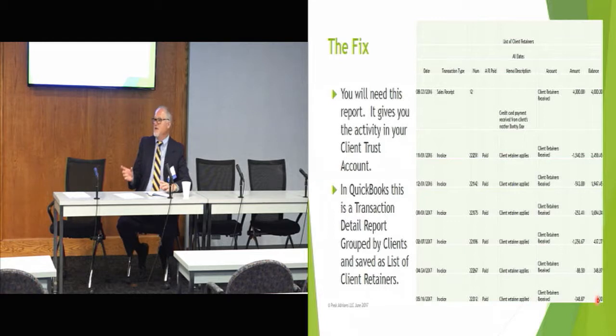And by using the items, we can make this a much simpler transaction to recognize that we are issuing to our client an invoice, but it's being paid by the retainer. So the items make it easier than trying to do this from understanding debits and credits and accounting and all that.